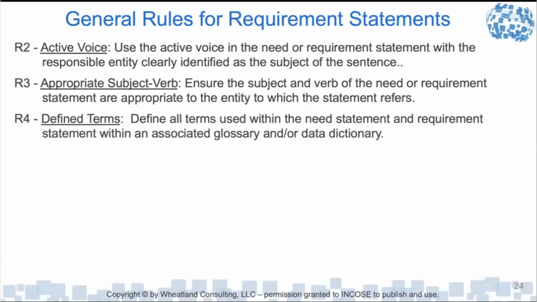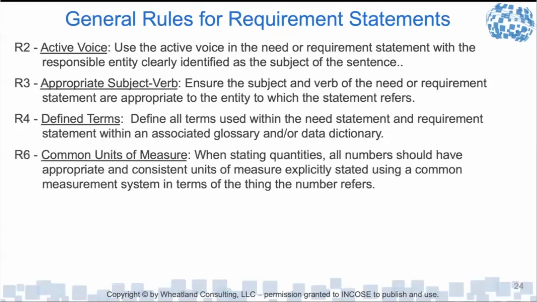I mentioned defined terms. All the terms that you use should be defined someplace. It's important to identify some nomenclature so people can look at the requirement and say, hey, that's a defined term. The way we do that is we capitalize. And if there are two words that have to do with something, we'll put an underscore and combine them to let the reader know that's a term defined someplace, with a specific meaning. And I have examples of that.